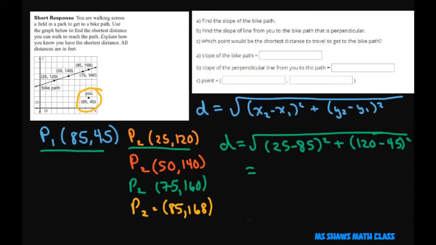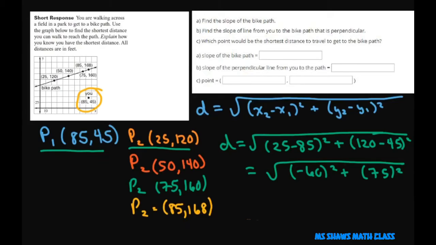So that's going to give you the square root of 25 minus 85, which is negative 60 squared, plus 120 minus 45 equals 75 squared.